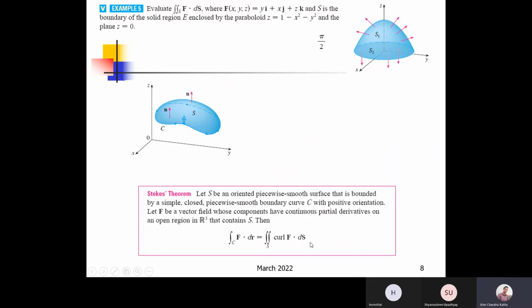Okay, so now here I have been given S to be an oriented piecewise smooth surface. So proving this theorem for a general surface is extremely difficult. So what I am going to do, I will try to prove this for a surface which is nothing but the graph of a function of two variables.